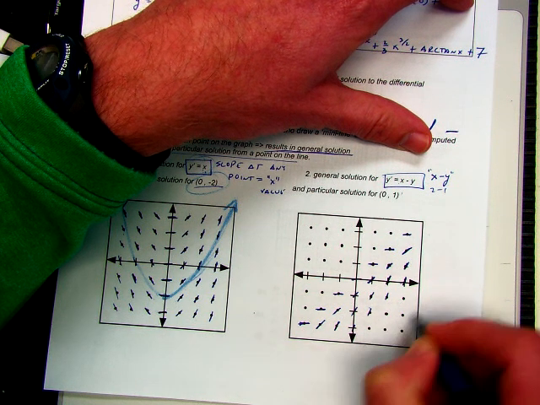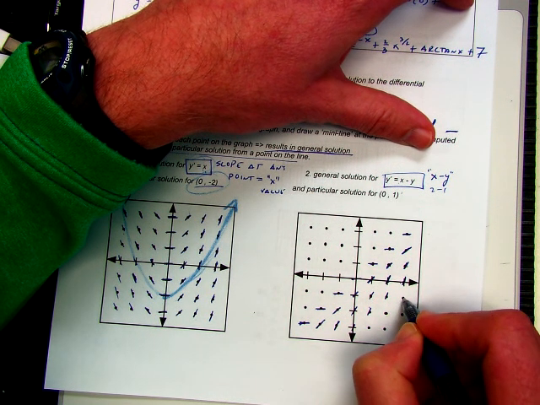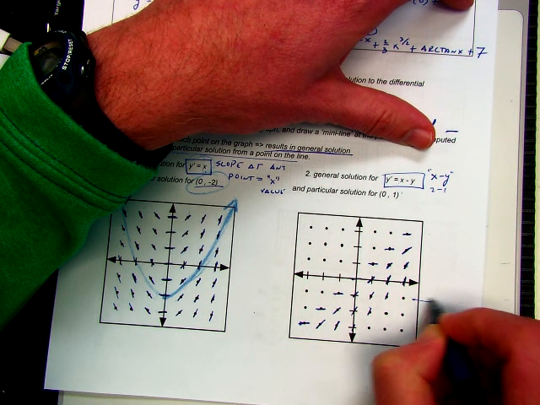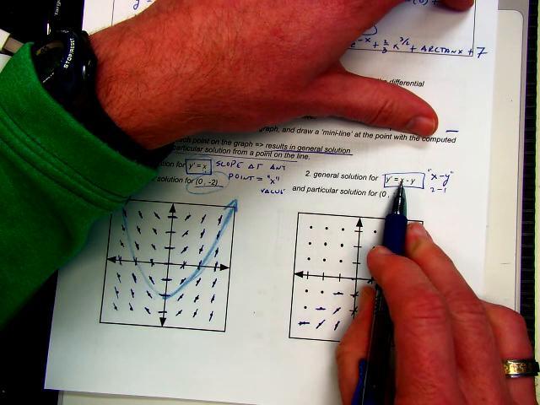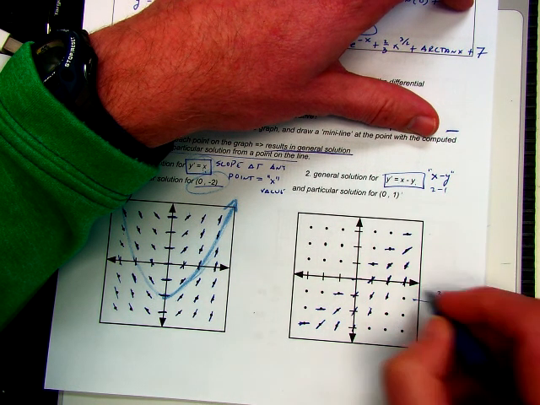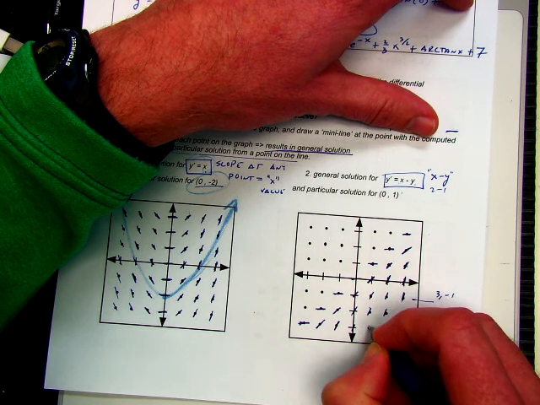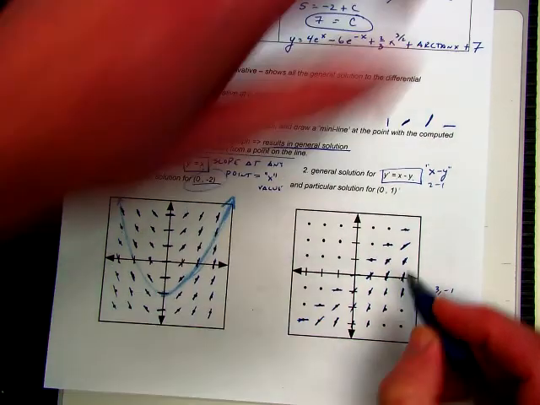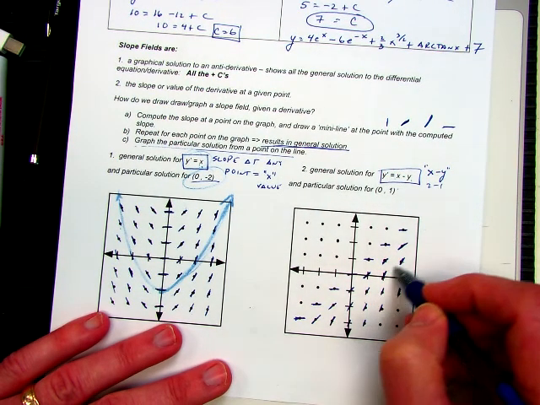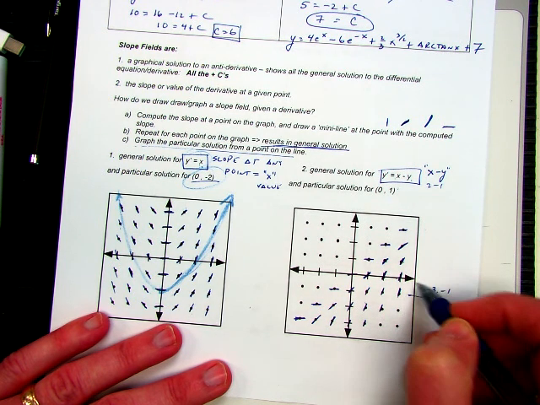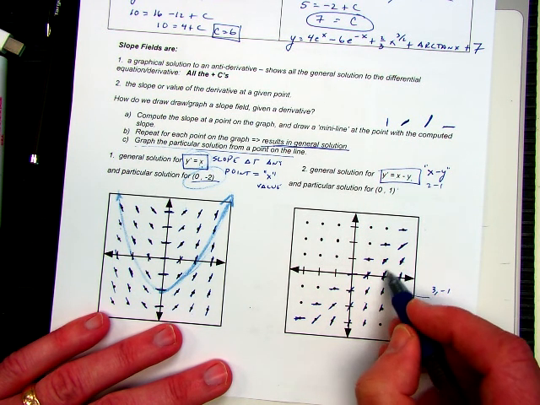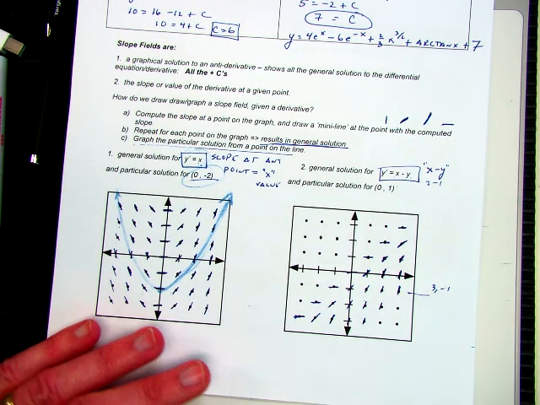Okay. If I go here, this is at the point 3, negative 1. So when I substitute that in, I get 4. So I'm even getting steeper. So all along here, it's going to have a slope of 4. All right. So if you look, here it was 0, here it was 1, 2, 3, 4. Now I've got to go a little bit more on the other side.